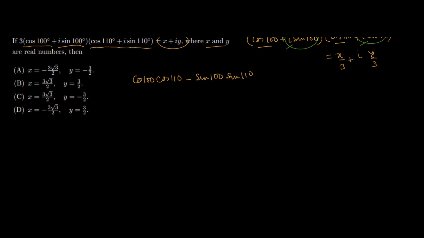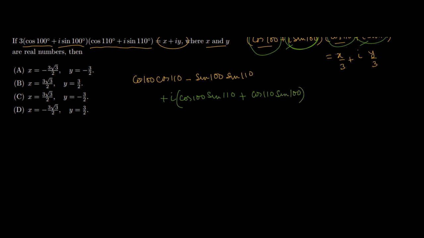Now we cross multiply the other two terms, which means cos 100 with i sin 110. So that means plus i cos 100 sin 110 and i sin 100 with cos 110, plus cos 110 sin 100.